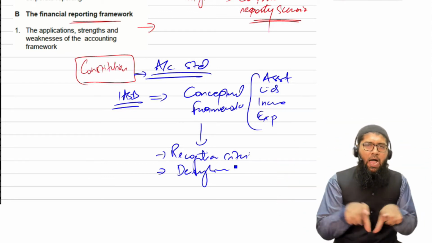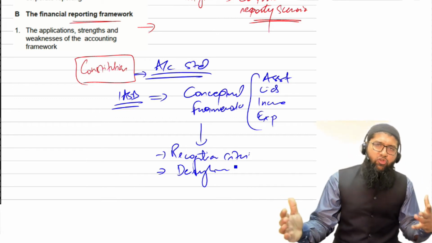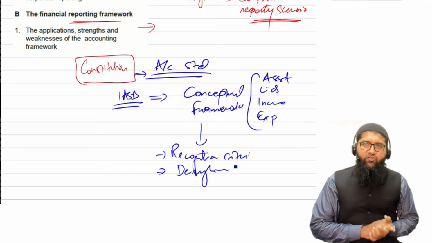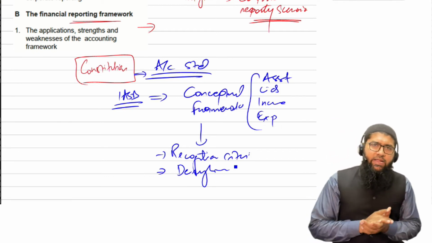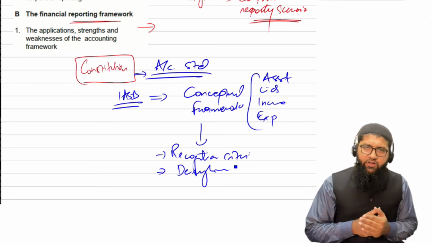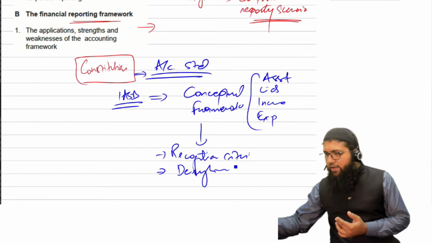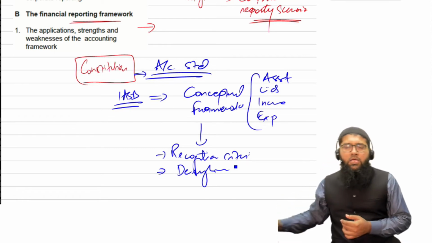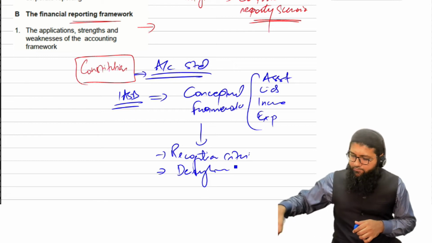It gives you an overall outline of what an asset should be, how accounting should be done, what an accounting standard should be. Now, generally in any country, the constitution is developed first and the laws are developed later on.